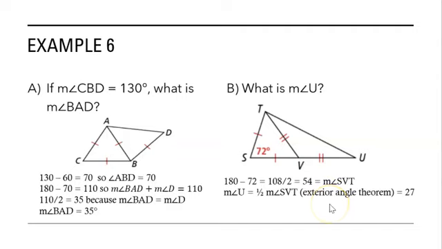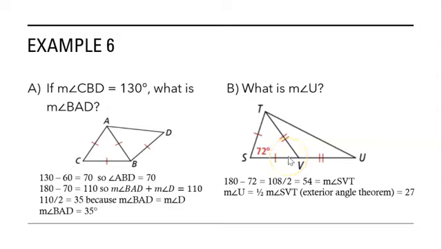In part B, they wanted to know what is the measure of angle U, which is this angle over here. Now they only gave us the 72 degrees over here. But I did notice that this triangle is isosceles. So what I did is 180 minus 72 to get 108. Angles STV and SVT are equal, so I could divide by 2 to find SVT. So I got 54 for that.